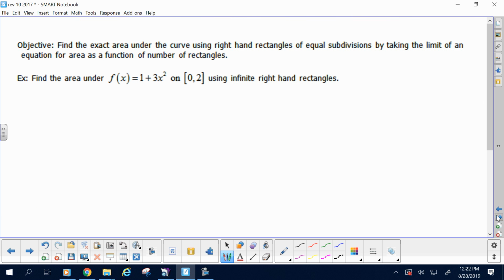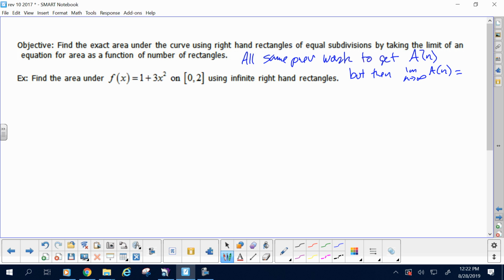Now, let's run it in for the touchdown. Let's get the exact area under the curve using infinite right-hand rectangles by taking the limit. What happens as you take the limit? It's mostly all the same previous work to get a function A depending on how many rectangles, but then saying what happens as the number of rectangles goes to infinity in your formula.